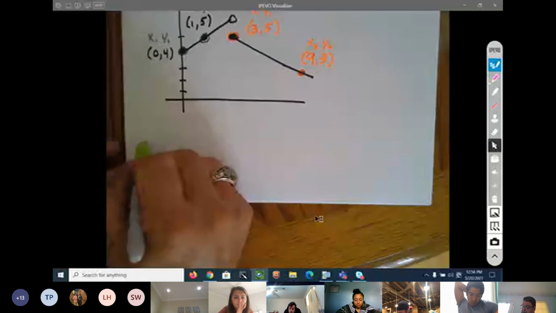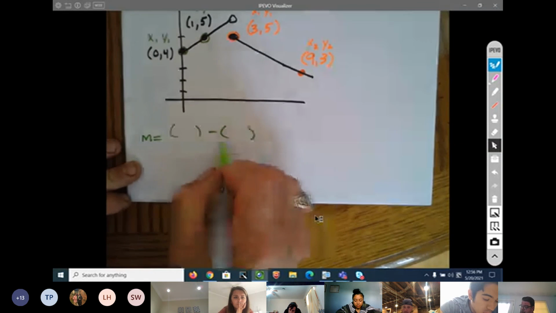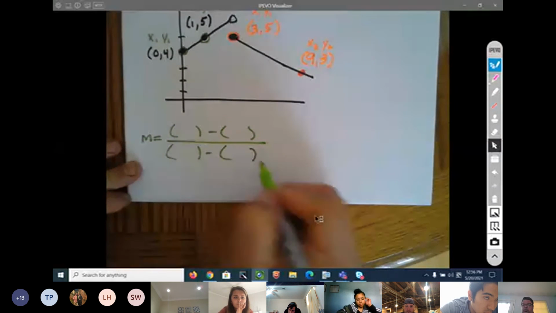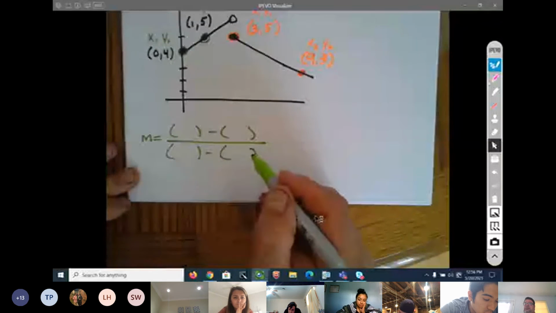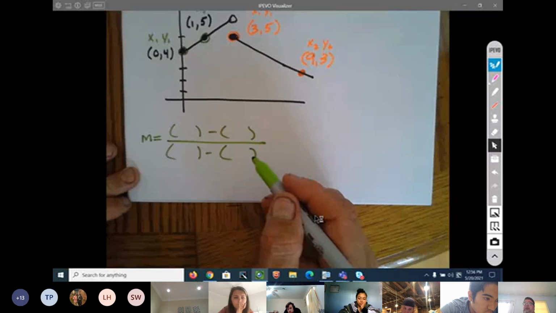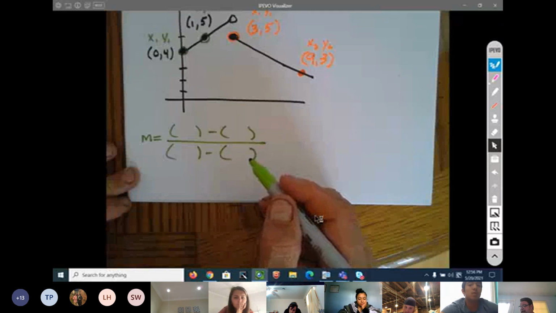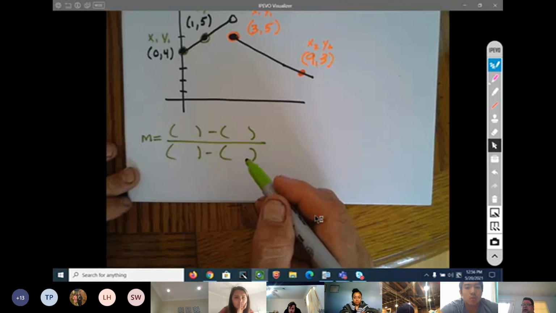Now I'm going to skip a step. M is equal to parentheses minus parentheses over parentheses minus parentheses. You will never, ever see me skip the parentheses. I've got 3 3/4 degrees, I've got like 24 hours toward my doctorate, but I didn't want it.